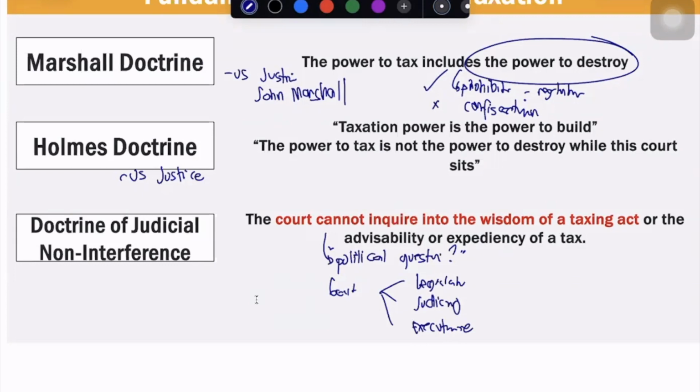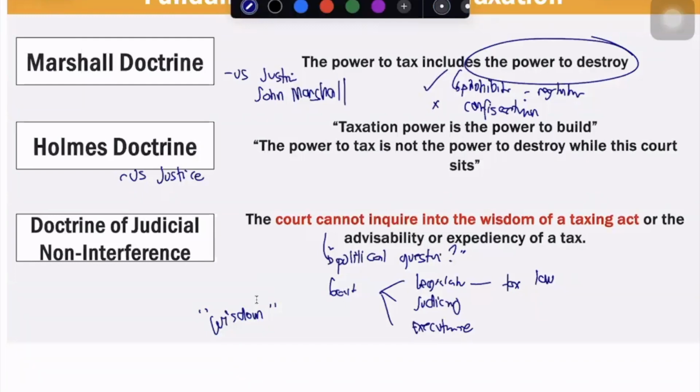So in short, if the legislative will pass a tax law, the other branches cannot question the wisdom of the tax law. Again, we're talking only about the wisdom. But if ever it infringes on other constitutional limitations, then therefore the judiciary can interfere on the legislative.